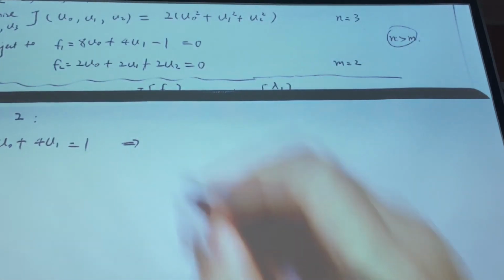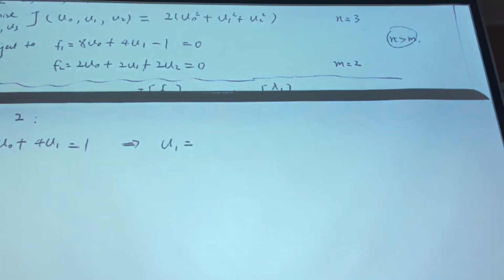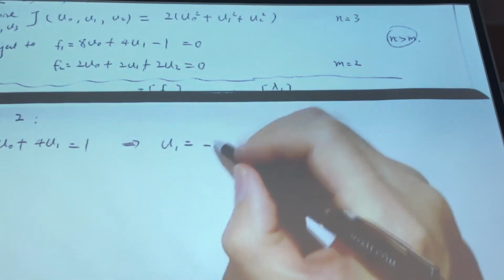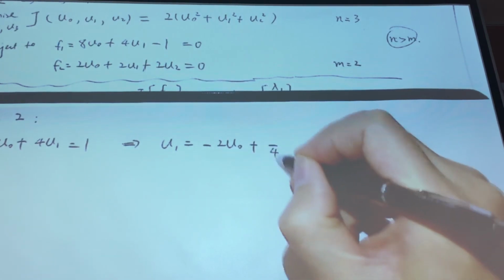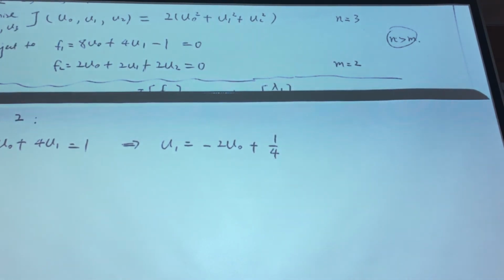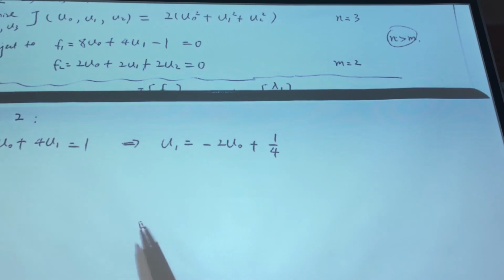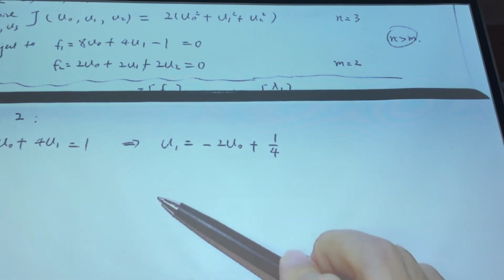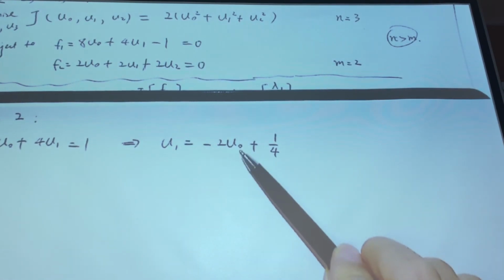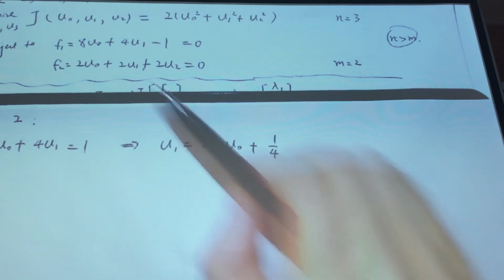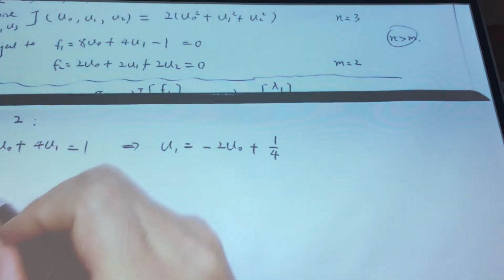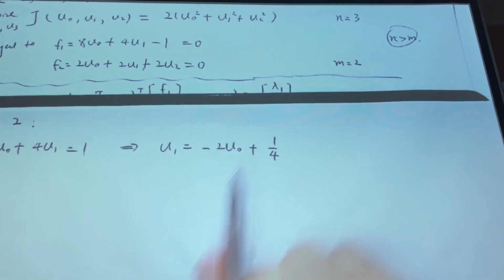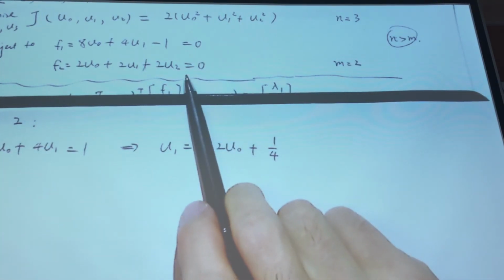So we may have u1 equal to minus 2u0 plus a quarter. The idea is to solve u1 and u2 in terms of u0 and put them into the original cost function.